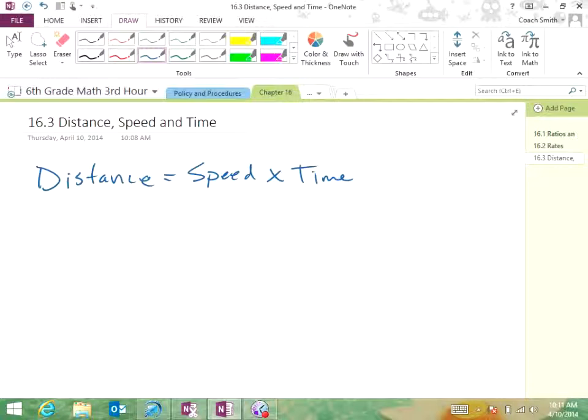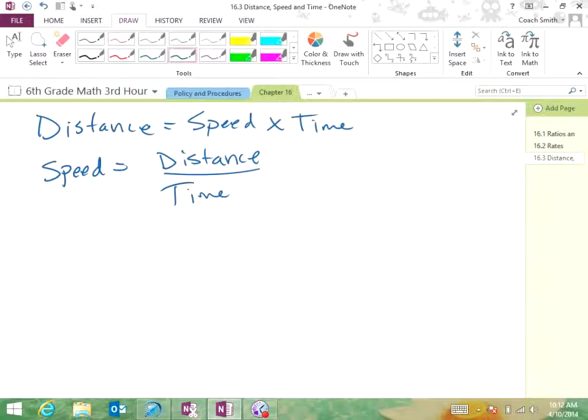The second formula is if we're trying to find speed. Speed would be equal to distance over time. Another way to put that is speed equals distance divided by time.